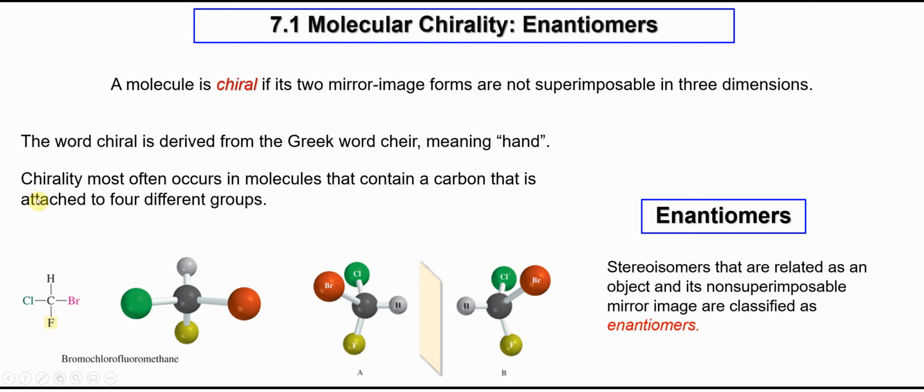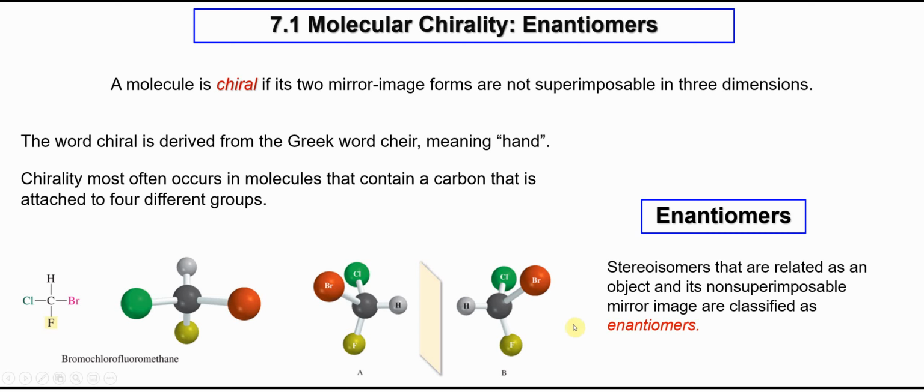For example, if we have bromochlorofluoromethane, the carbon is attached to a hydrogen, a fluoro, a chloro, and a bromo. All of these 4 different substituents have different sizes and are different elements.